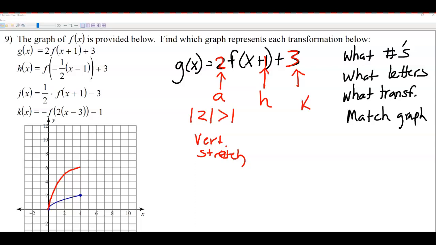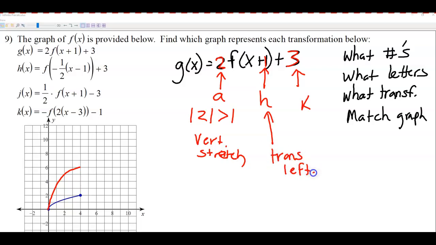Now let's take a look at this guy. When your h is a positive number, when you have x plus a number, what does that do to the graph? Take a look at your notes there. When x is having a number added to it, what does that do to your graph? Translates left.